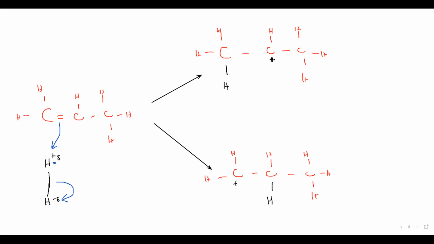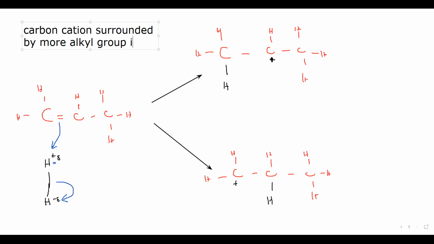So the carbon cation surrounded by alkyl groups is more stable.